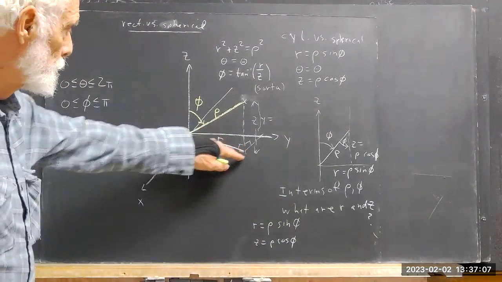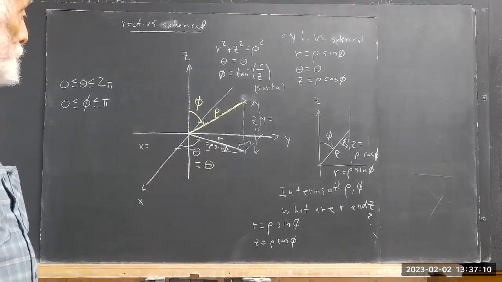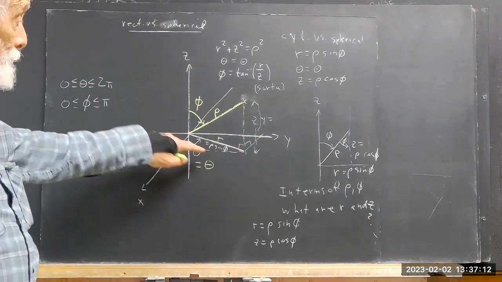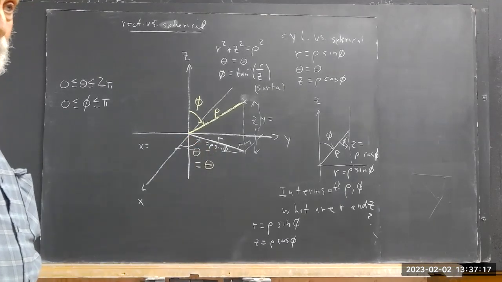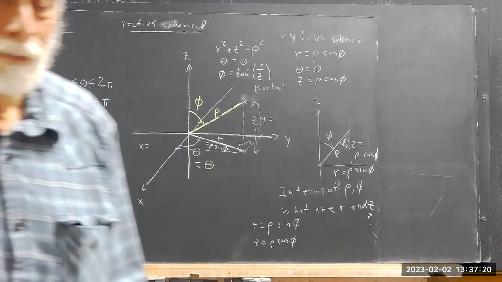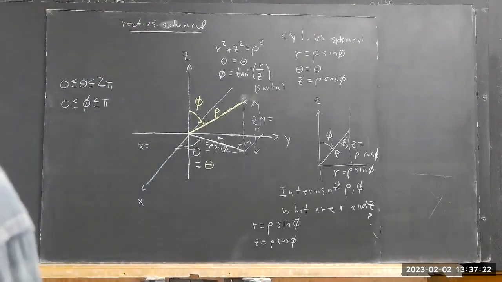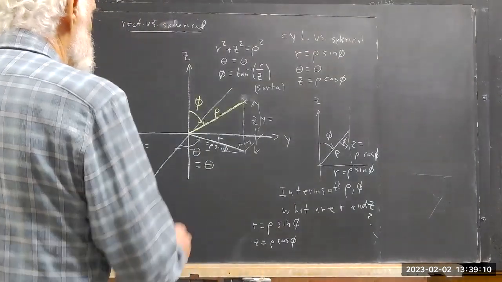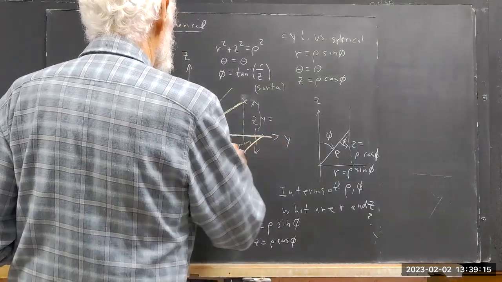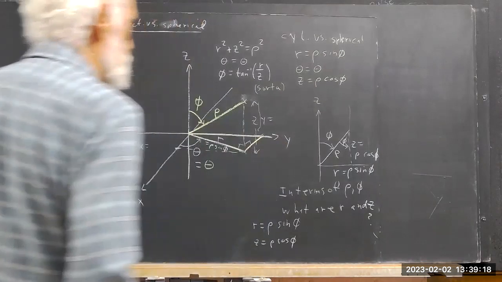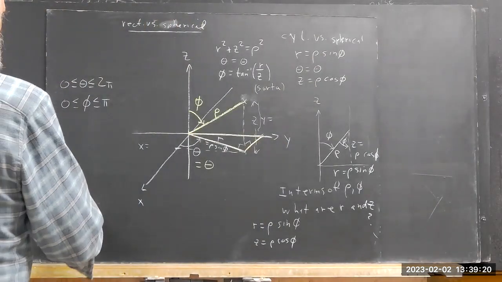You've got a right triangle here. You know this angle, you have an expression for the hypotenuse, right? So it should be very straightforward to write it down. Okay, there's our triangle.